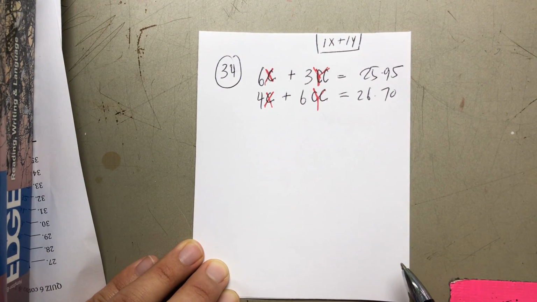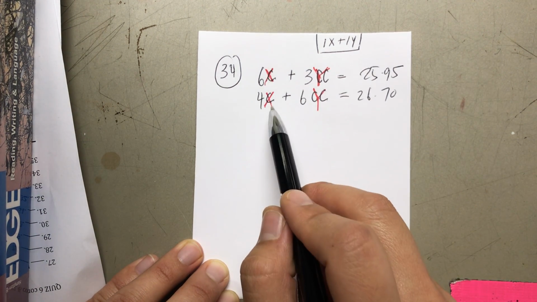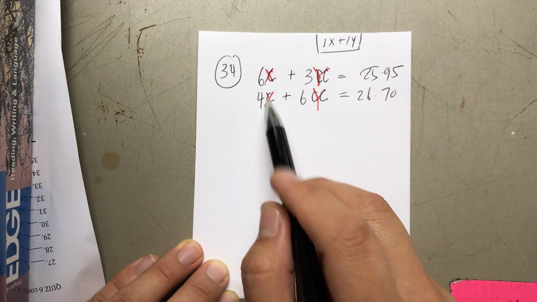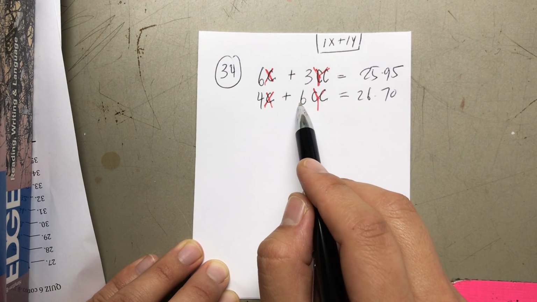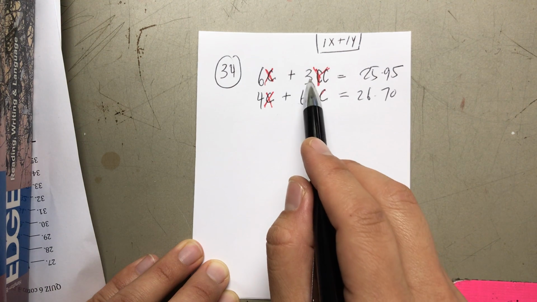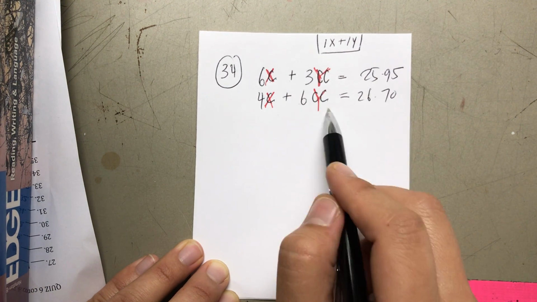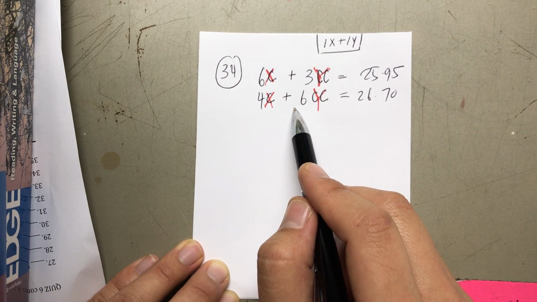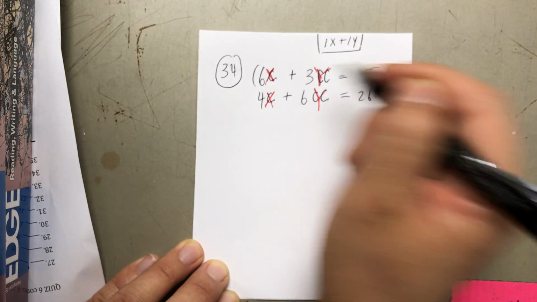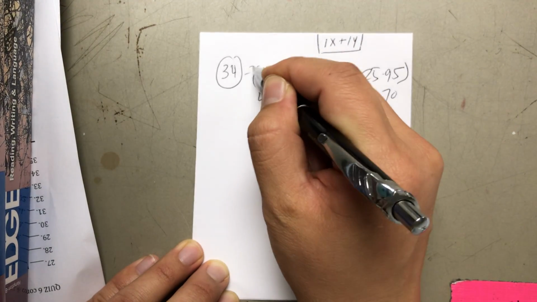Okay? And what you could do is you could try to just figure out what is one of the x's, and how you could do that is by canceling out all of the cups of coffee if you multiply this top thing by -2.